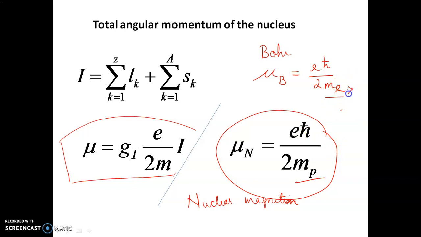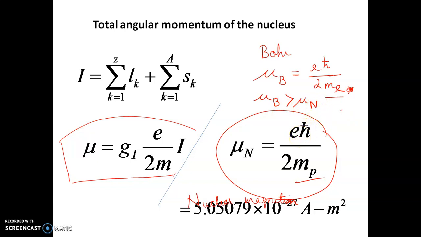Since m_e is small, the inverse of m_e will be big, so mu_B is much bigger than mu_N. So this is all about the total angular momentum of the nucleus, and this is the magnitude of a nuclear magnetic moment. It's a very small quantity.